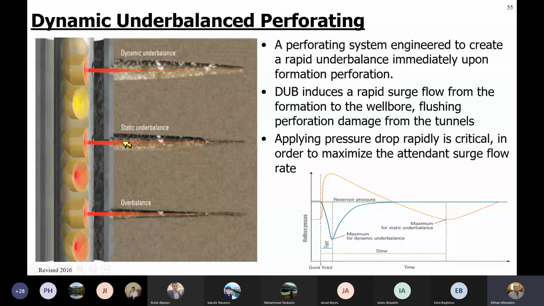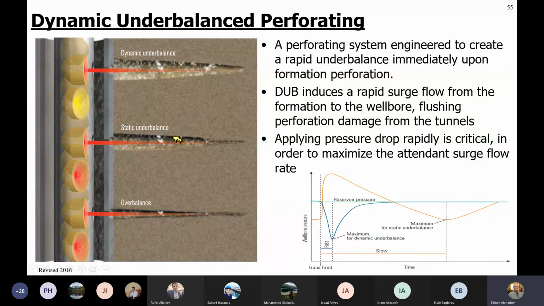Once the perforation is done, the reservoir pressure pushes fluid into the perforation tunnel, and the tunnel is cleaned by this flow into the wellbore. But what happens in the dynamic underbalance?